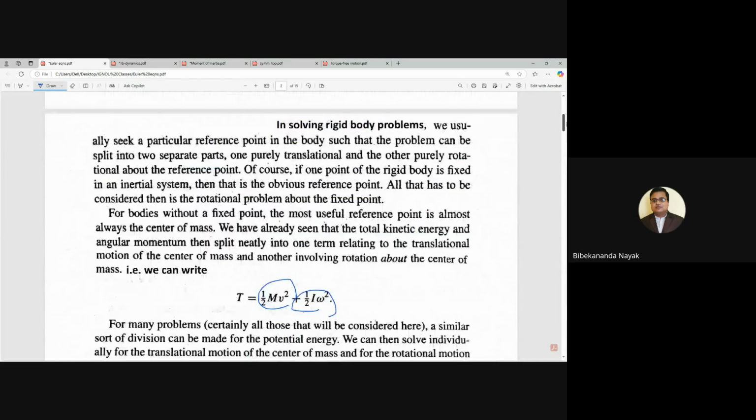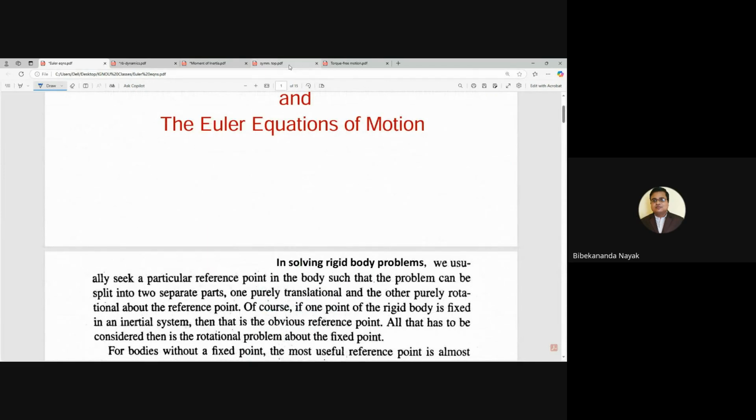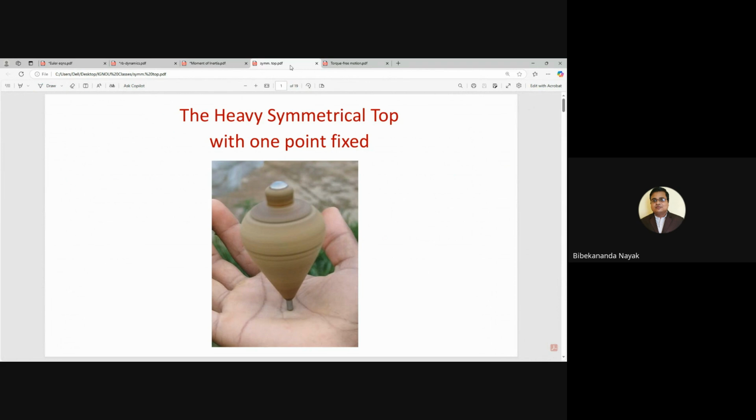Leave that. Then the important thing is the symmetrical top, heavy symmetrical top with 1 point fixed. Basically, its example is some gyroscopic instrument and simply your child's top, what you play with.